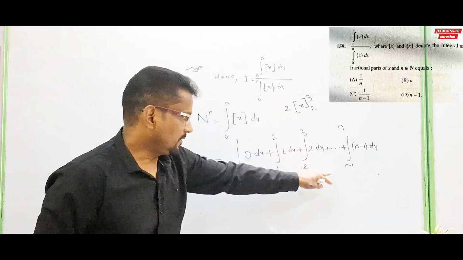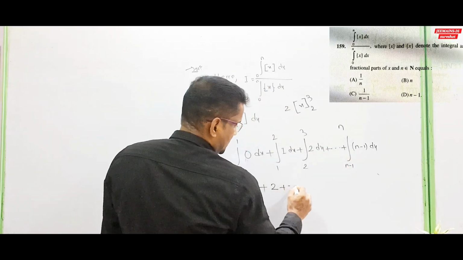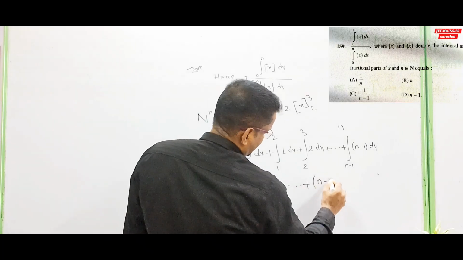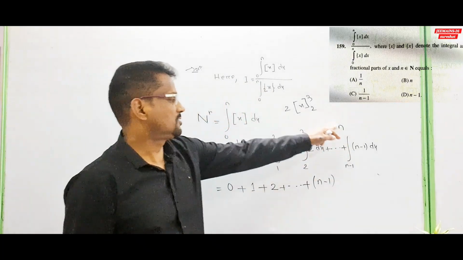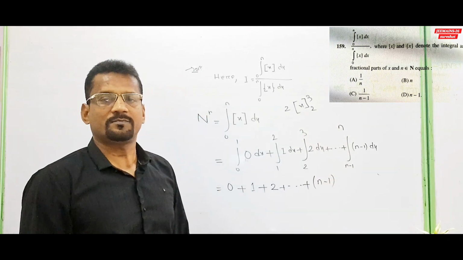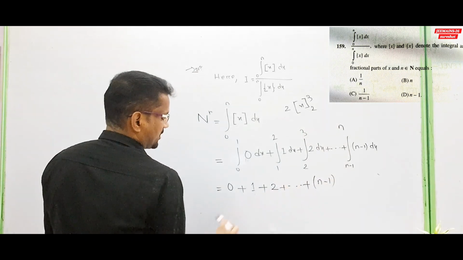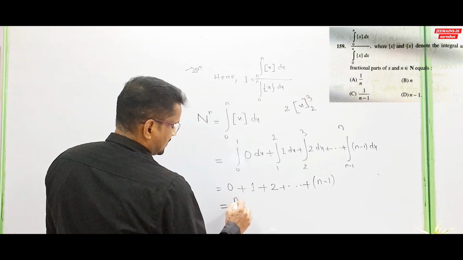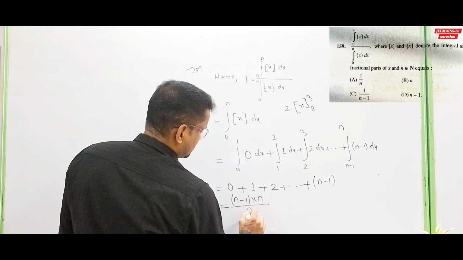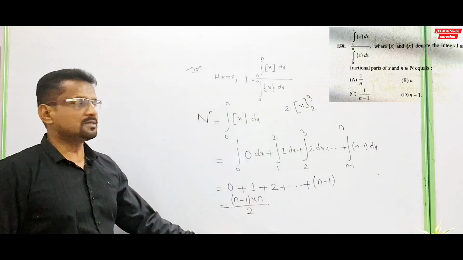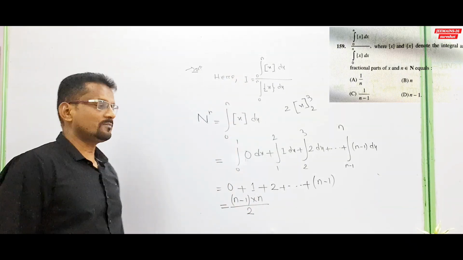So that way, what you will get is 1 plus 2 and so on, up to n minus 1, with the difference of limits just 1. Now you see, the sum of all the numbers from 1 to n minus 1 is nothing but (n minus 1) into n divided by 2. That means the value of the numerator is calculated.